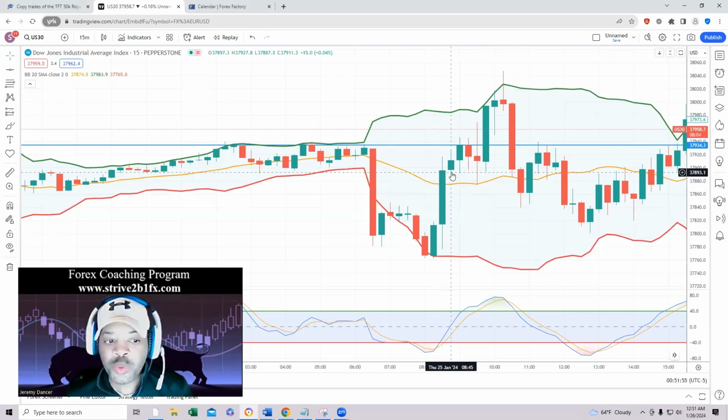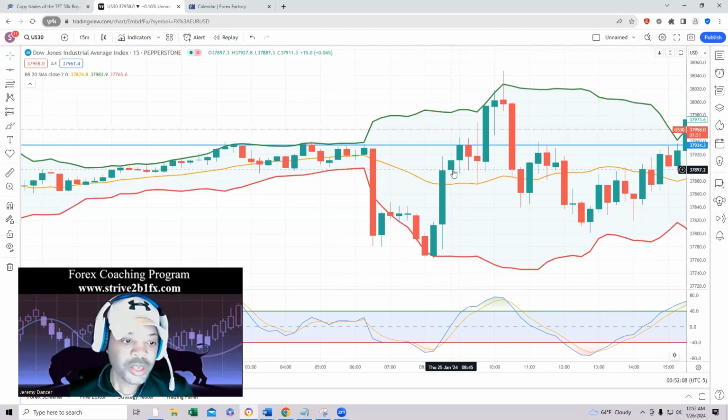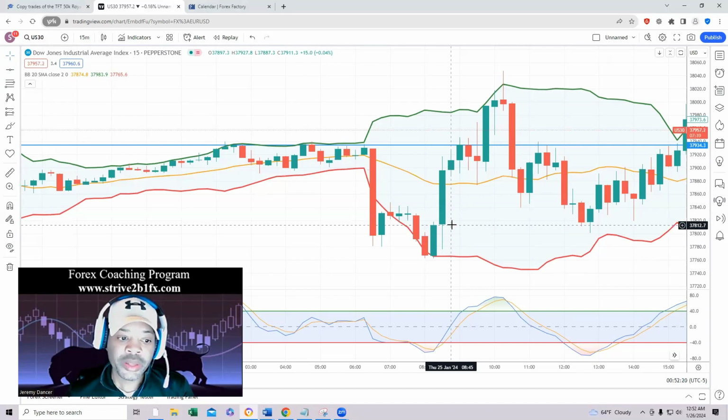So typically what you should see on the US30 is the price will fall back to either the support or resistance area. So normally what happens is at 8:45 this candle would be right around the same lowest point of the candle at 8:30, and then you would want to buy there.